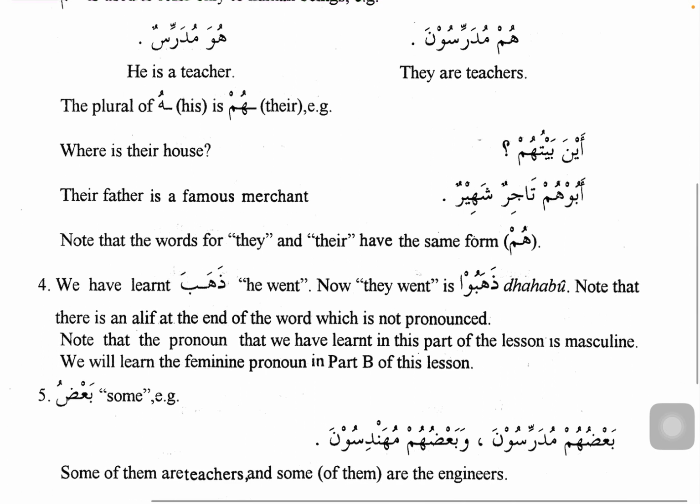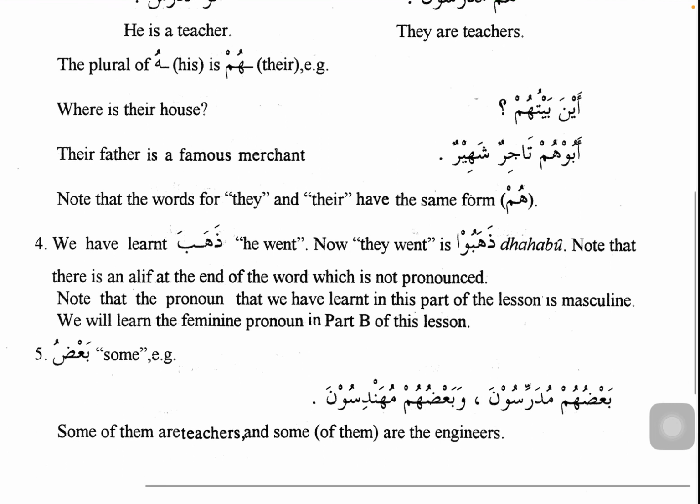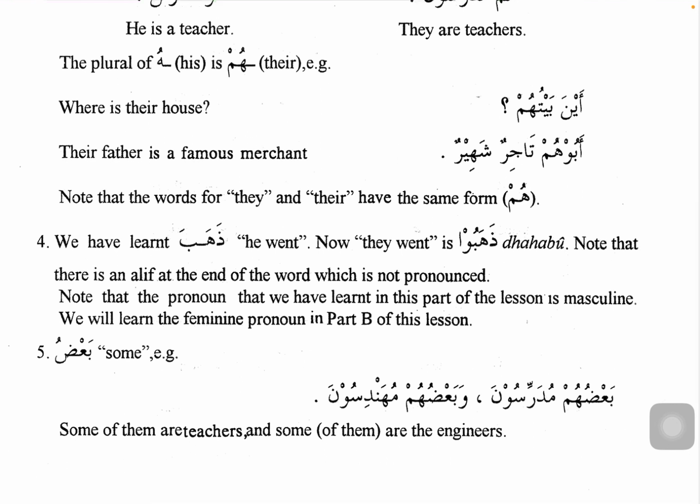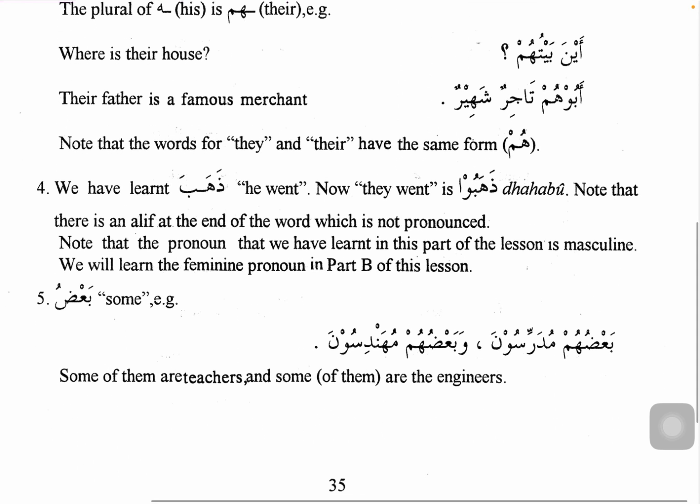There is an example here. Where is their house? Aina baytuhum. Their father is a famous merchant. Abuhum tajirun shahirun. Shahirun means famous. Note that the words for they and their have the same form, hum. So we learned this in the detached as well as the attached pronouns.